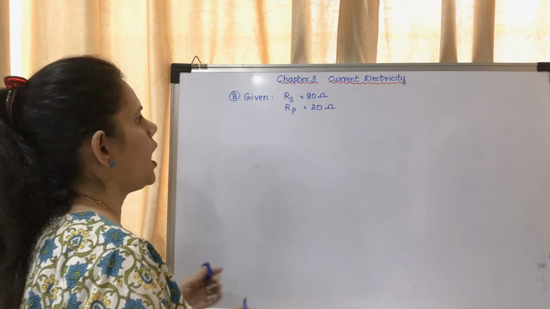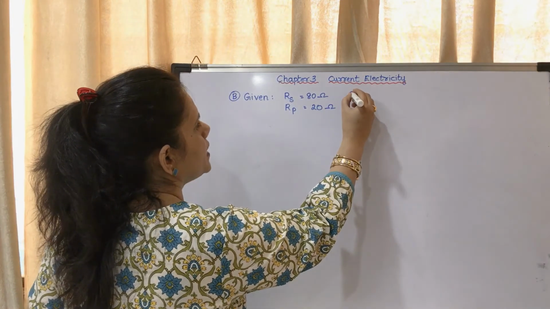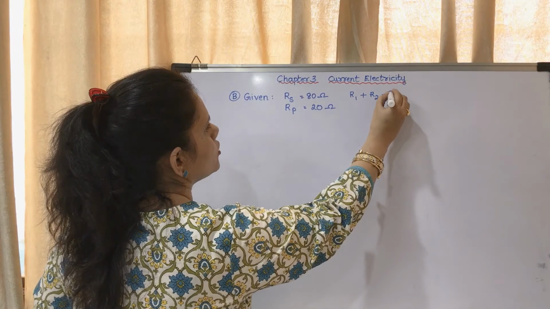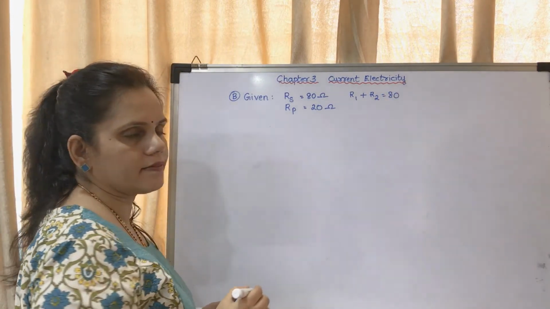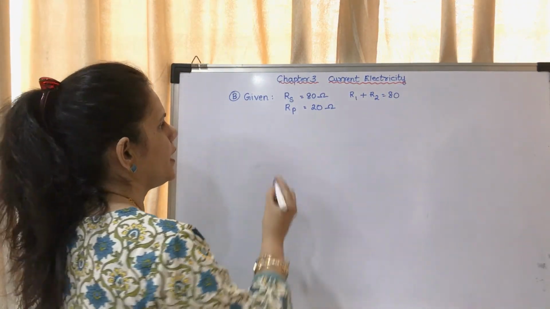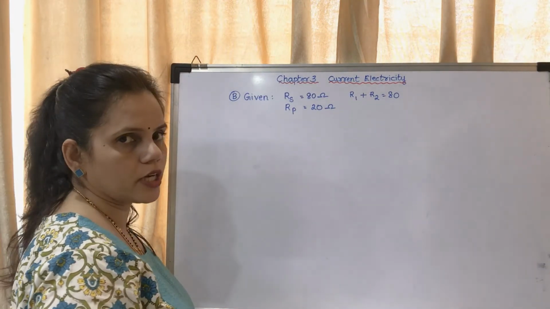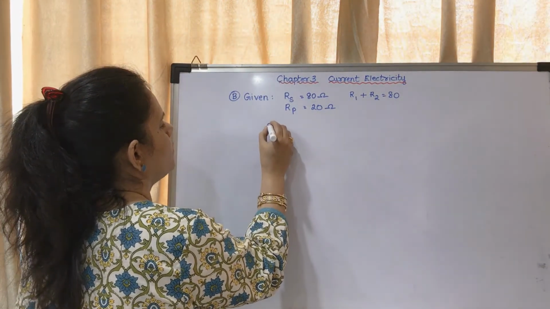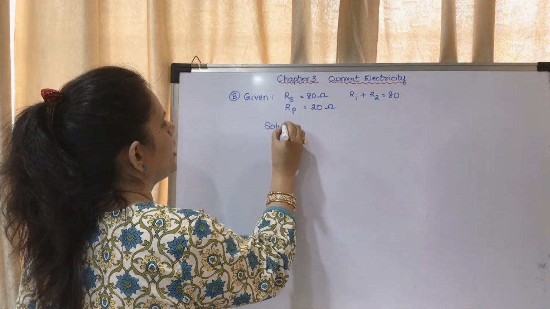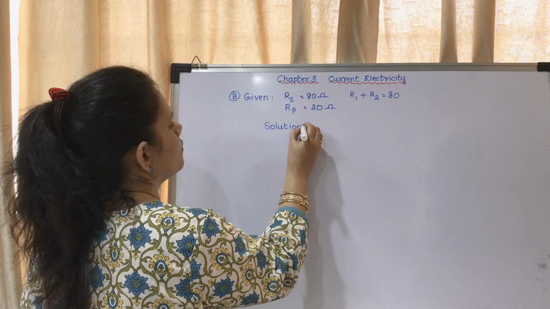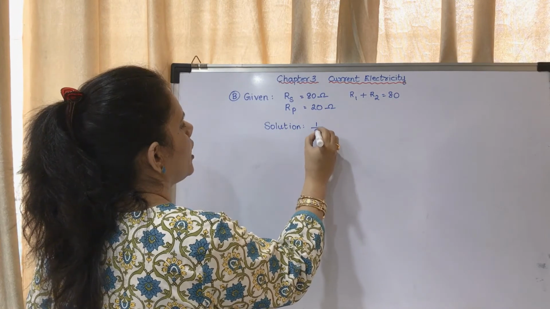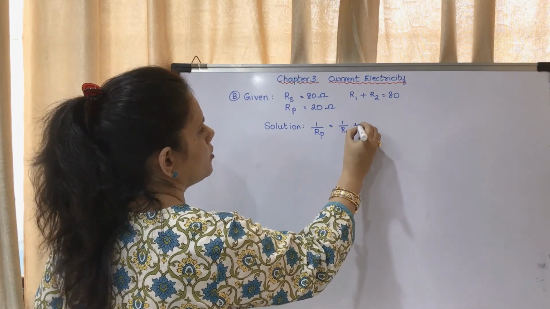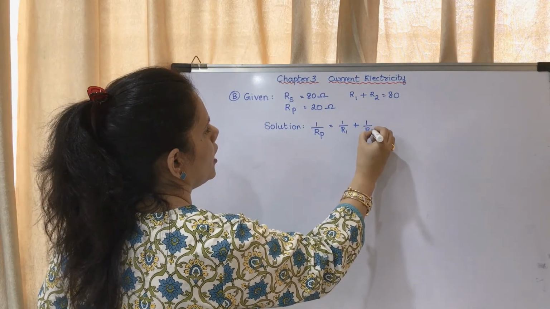So RS is equal to 80 means R1 plus R2 is equal to 80, and RP is equal to 20. Now I will show how to solve it with the equation 1 upon Rp is equal to 1 upon R1 plus 1 upon R2.